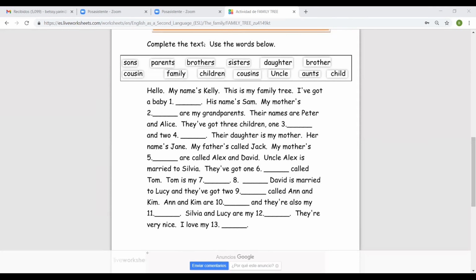So let's try to complete each case from number 1 to 13, please. Use your pen that you have here in Zoom and let's put your answers, okay? Please, let's do it.